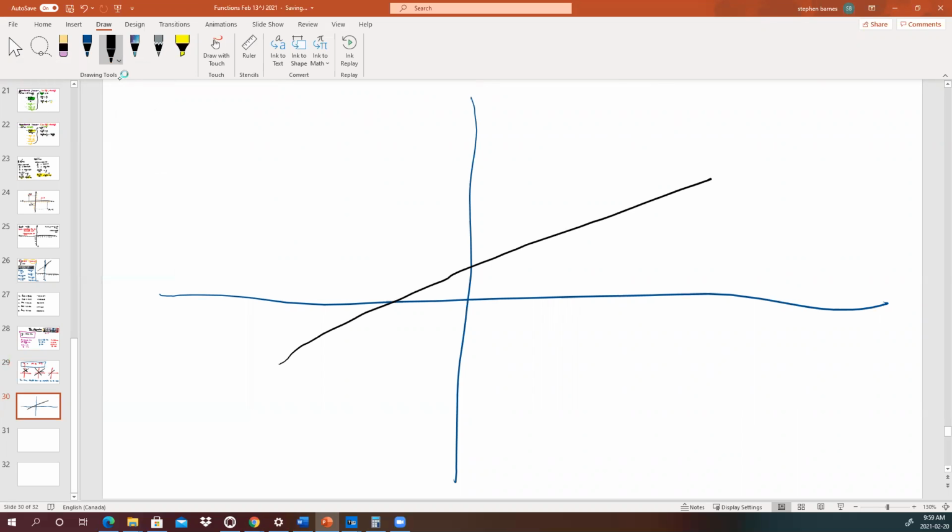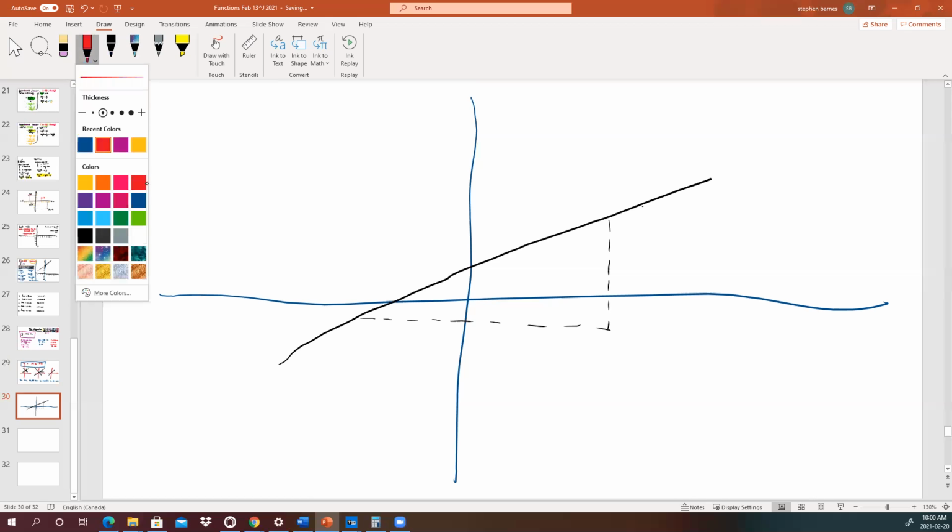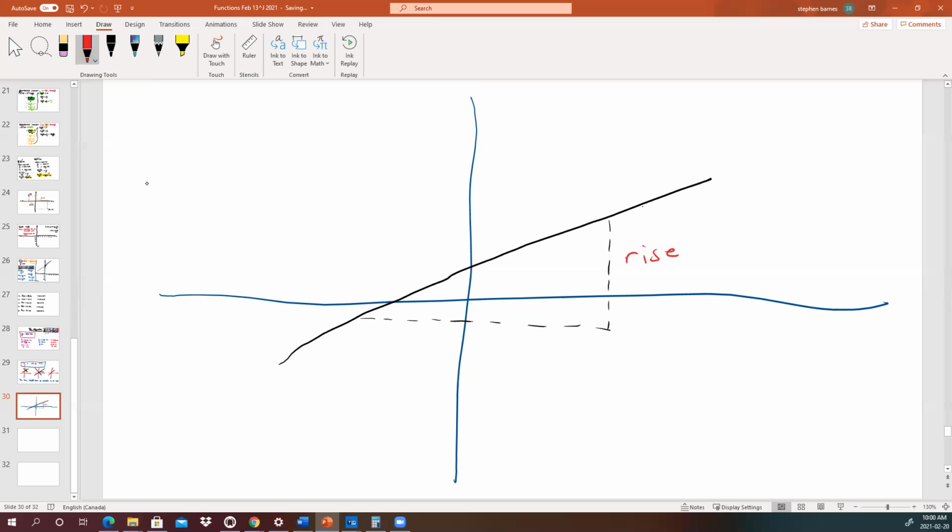So it's rise over run. Rise would be from top to bottom, this is our rise right here, and run would be from left to right. So this is our run right here.